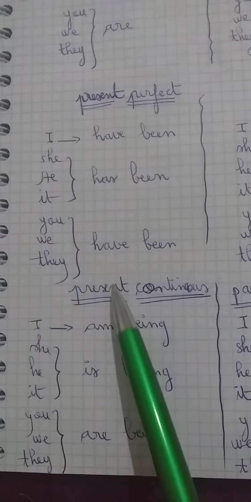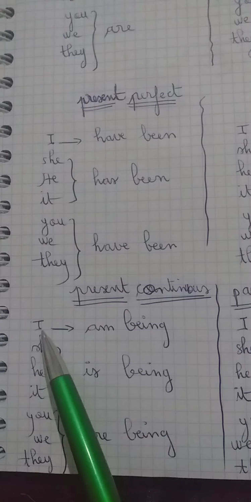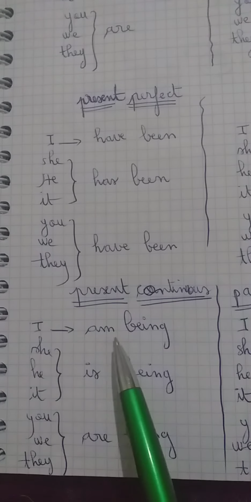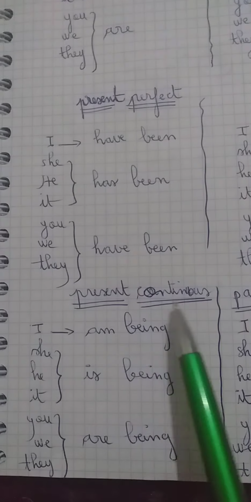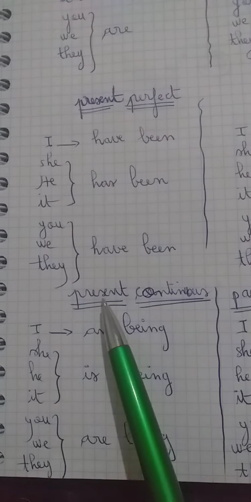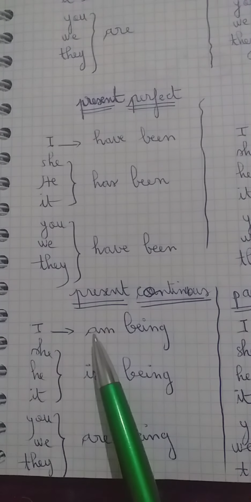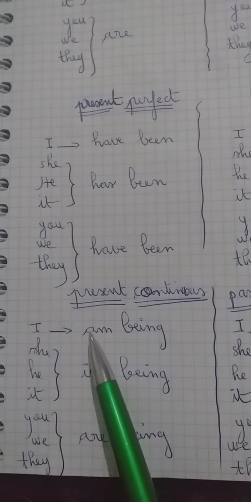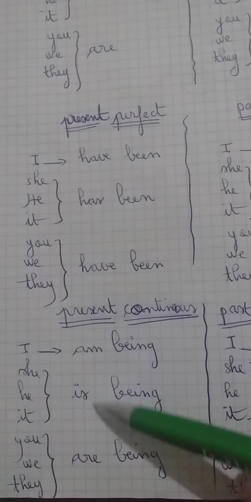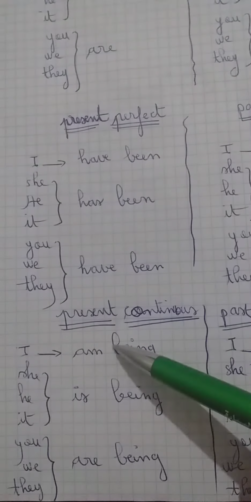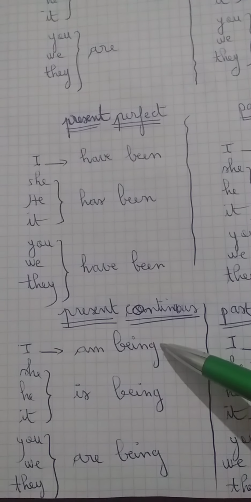For the present continuous, here I am being. How to form present continuous? We will form it by conjugating the auxiliary to be in present simple plus be plus ing.